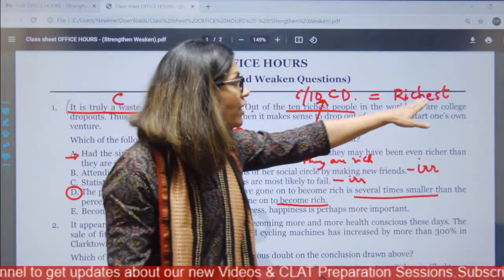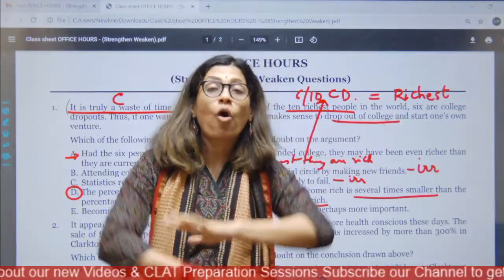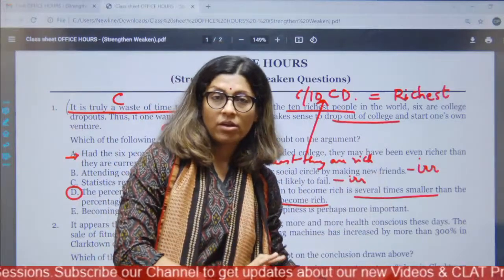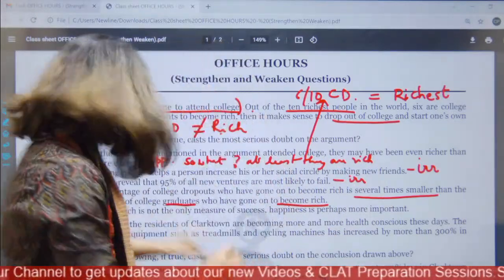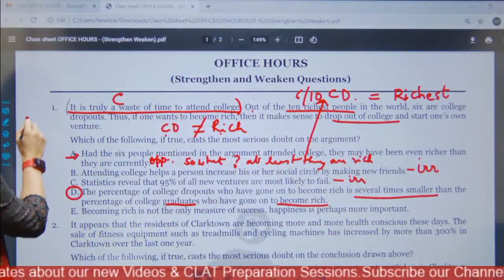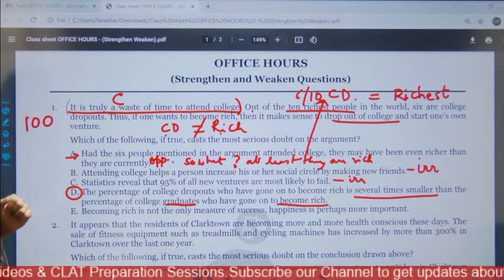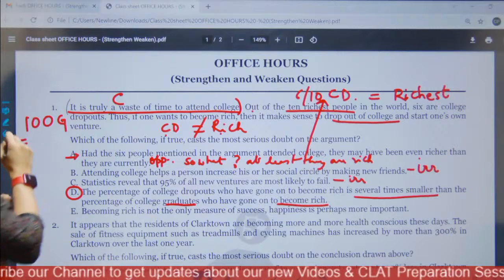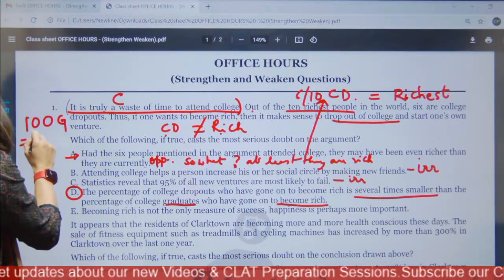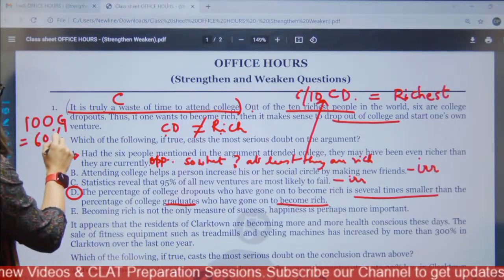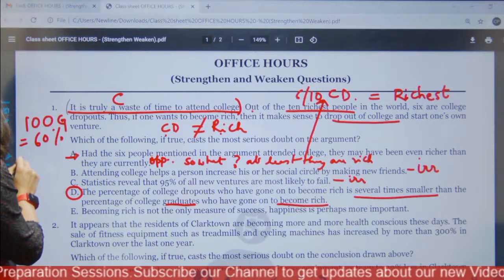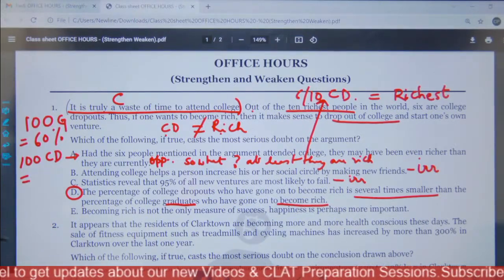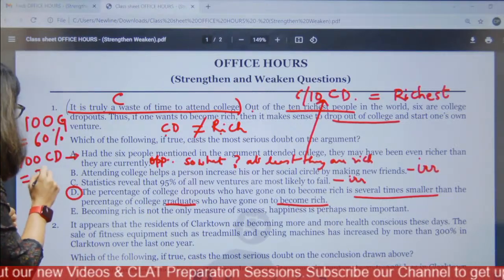So if you remove the term richest and look at overall college students who become rich versus dropouts who become rich, option D is saying if there are 100 college graduates, chances are that, let's say, almost 60% are rich versus 100 college dropouts where chances are that maybe only 20% are rich.